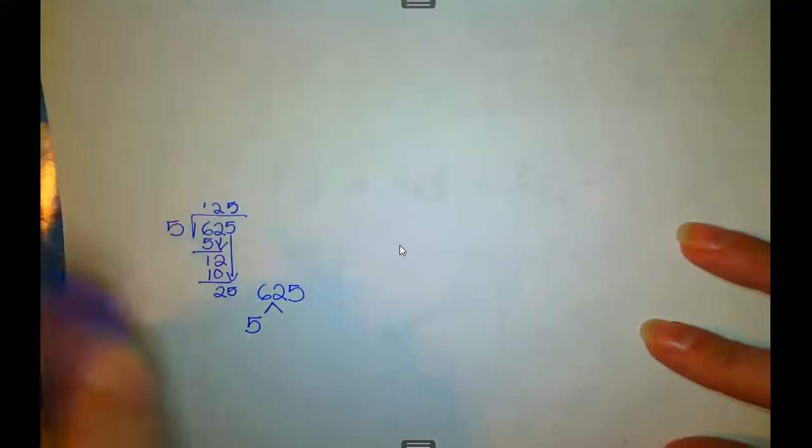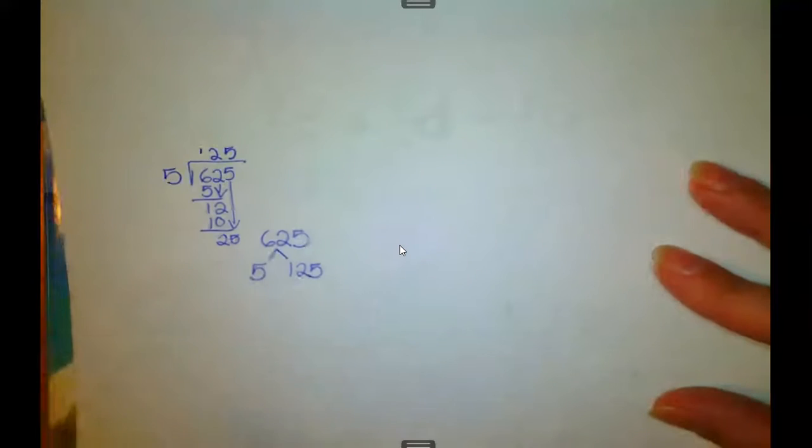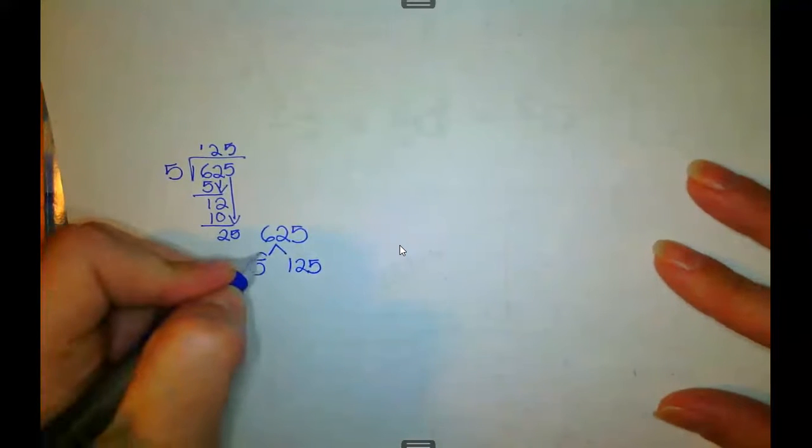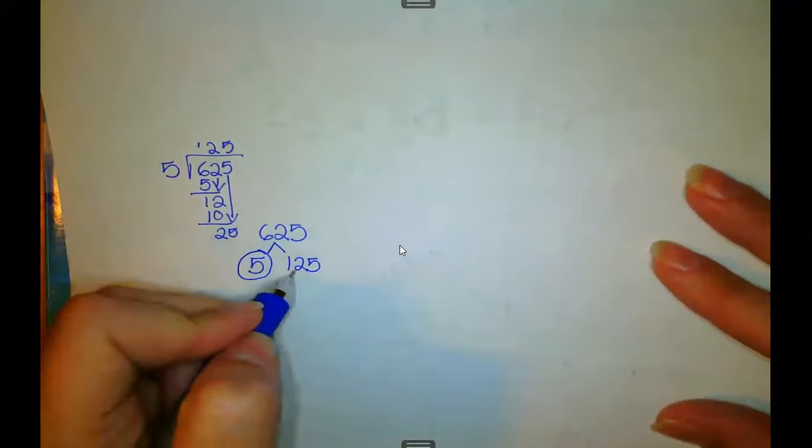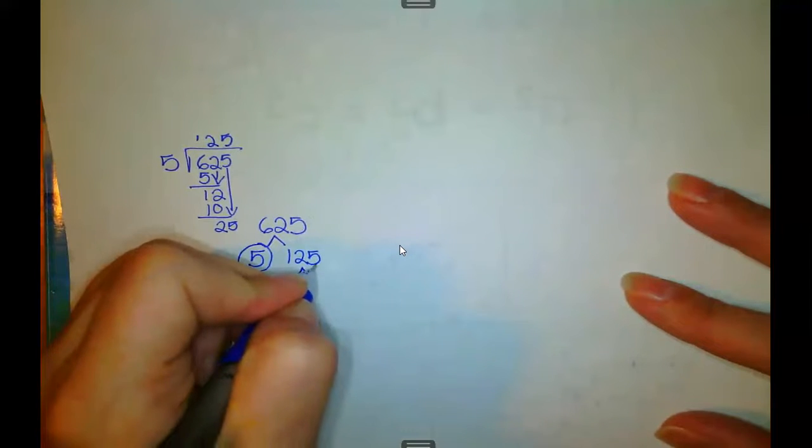Bring down the 2, that's 2. That would give us 10. Bring down the 5, and that's 5. So I know that 5 times 125 will give us 625. 5 is prime, so I'm going to go ahead and circle it, but 125 is not. So again, I'm going to break it down and I'm going to use 5 because it ends in a 5. So 5 times something will give us 125.